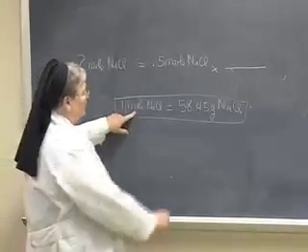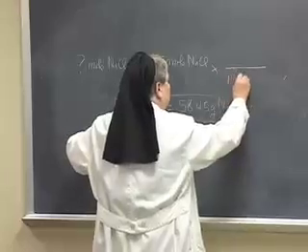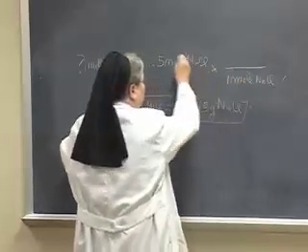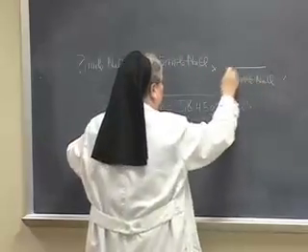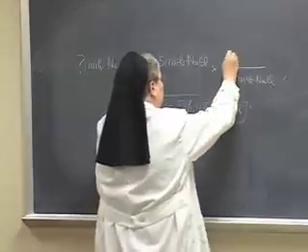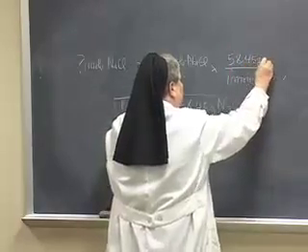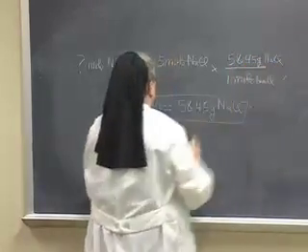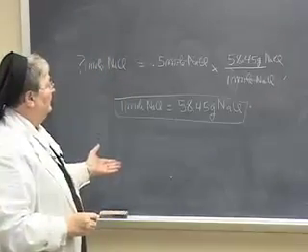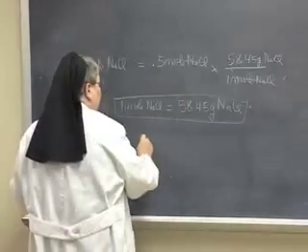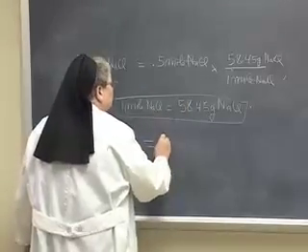We'll choose this to be in the denominator, 1 mole of sodium chloride, so that the moles of sodium chloride cancel, and this to be in the numerator, 58.45 grams of sodium chloride. And so all that remains is to multiply 0.5 times that.